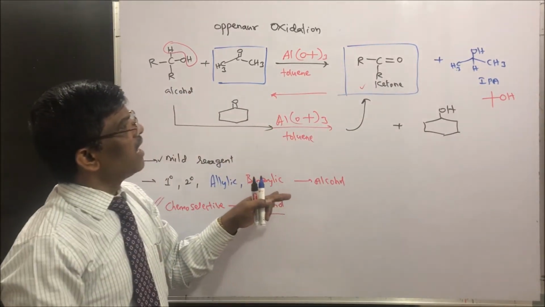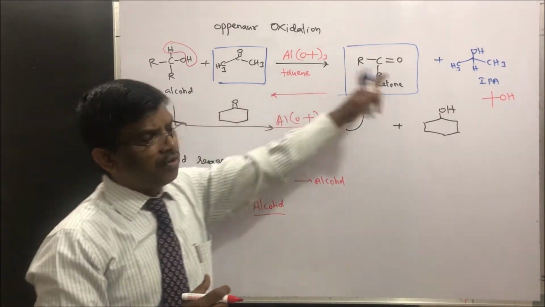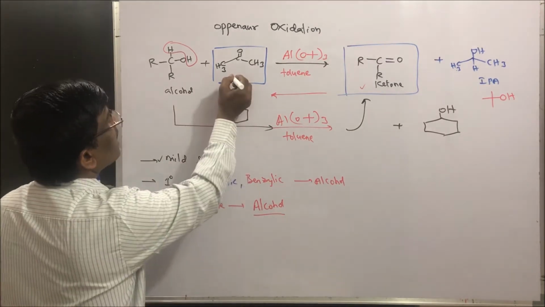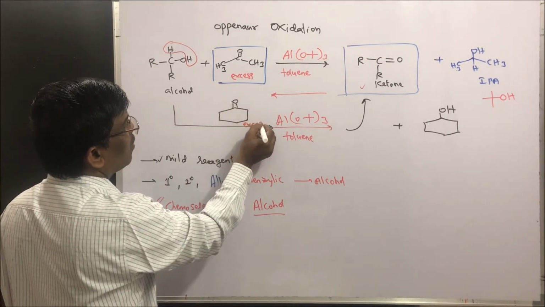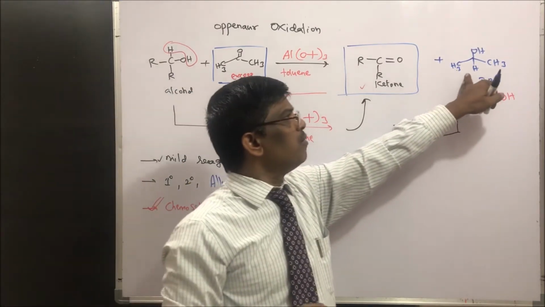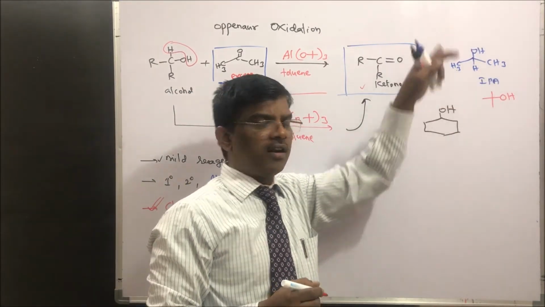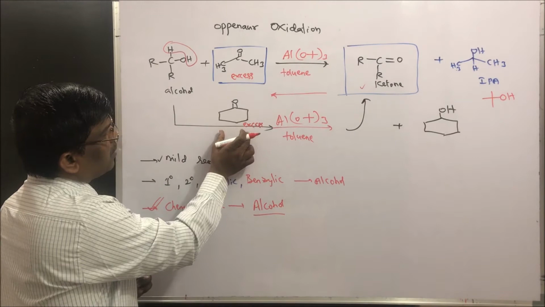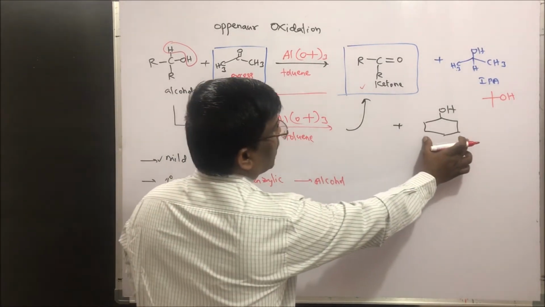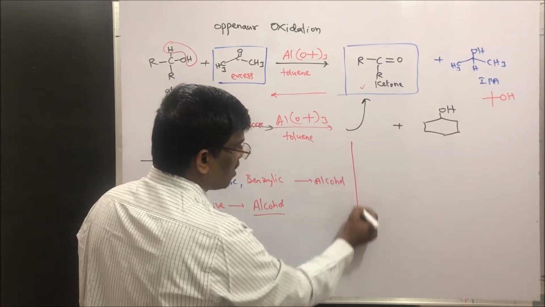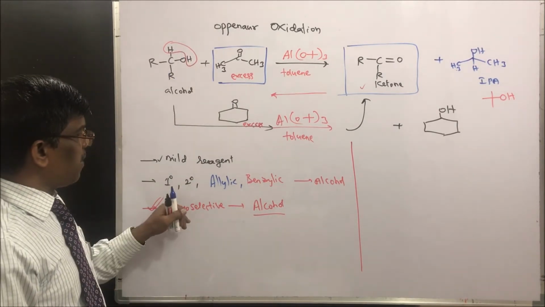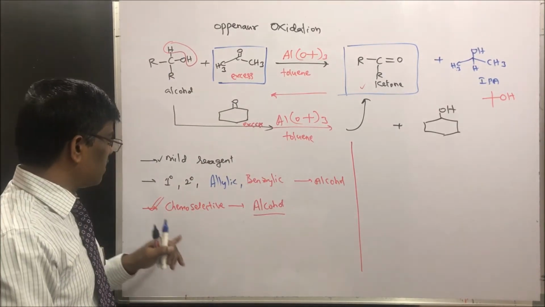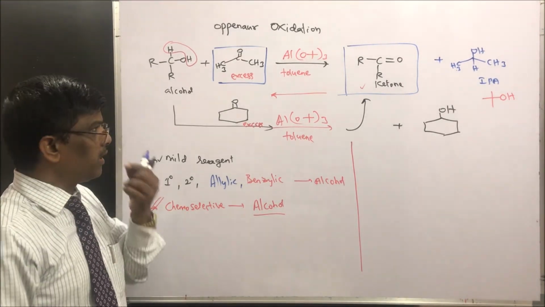So this reaction can be pushed forward by using excess of this ketone, which can be removed very easily as isopropanol. Or you can use cyclohexanone in place of this. So you can oxidize primary, secondary, allylic, benzylic alcohols, and it is highly chemoselective.